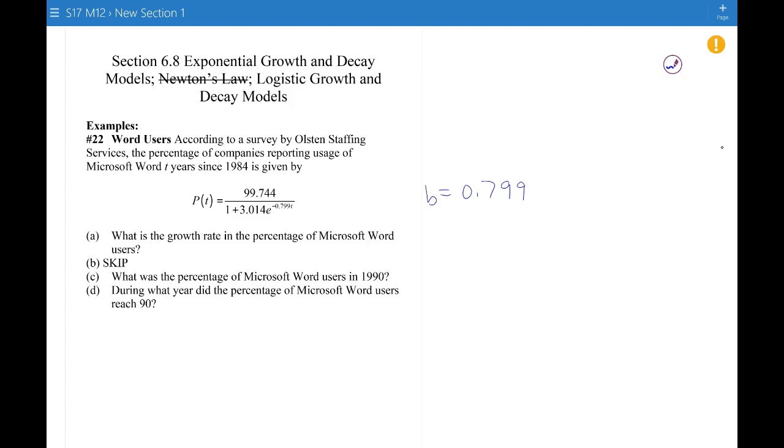And so this is actually 79.9% per year. So that's the growth rate in percent per year.